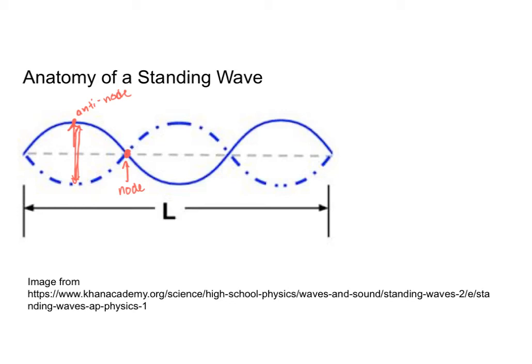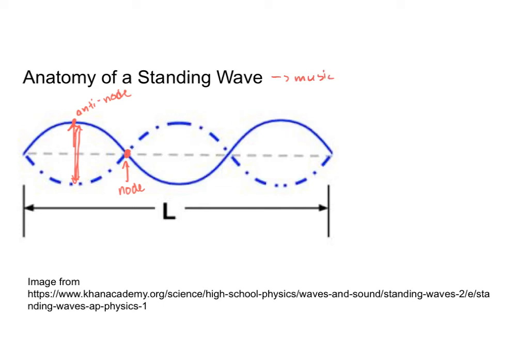Now, you might be asking, why should I care about standing waves? What makes them special? Well, one thing that's really special about standing waves is that they have a constant frequency, a constant amplitude at all times. One way that you experience standing waves pretty frequently is in music production.